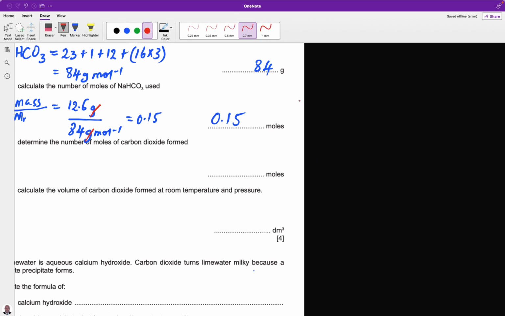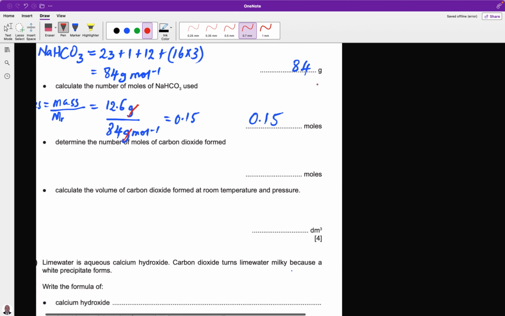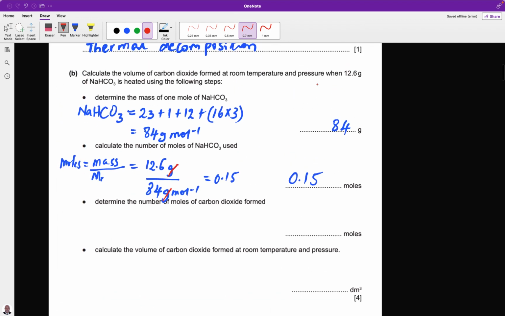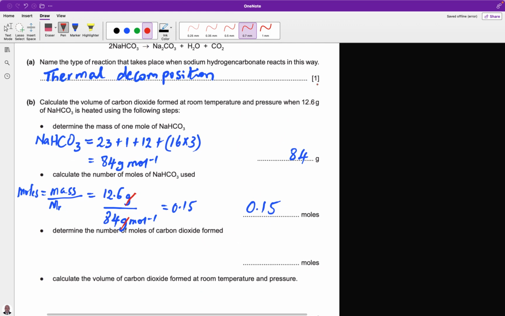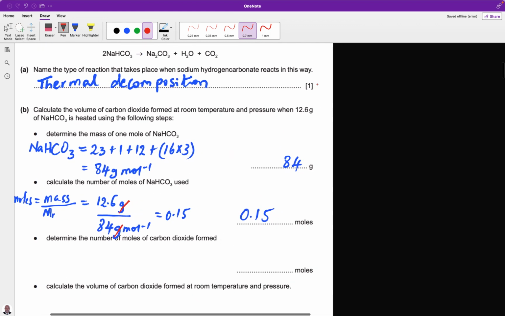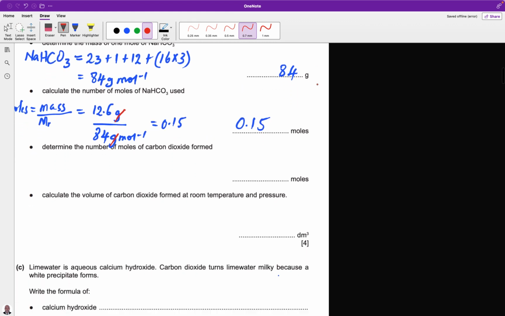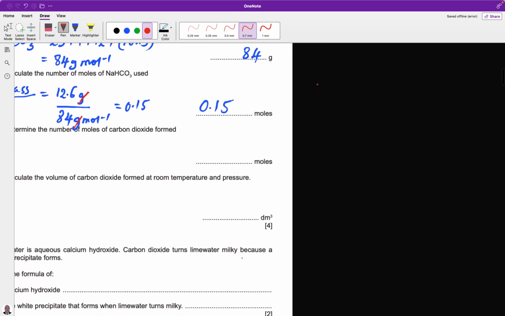Let me show you how to do it from our equation. Remember, you make use of your equation, please. This is stoichiometry. So for the number of moles of carbon dioxide that are formed, we want to make use of our equation.